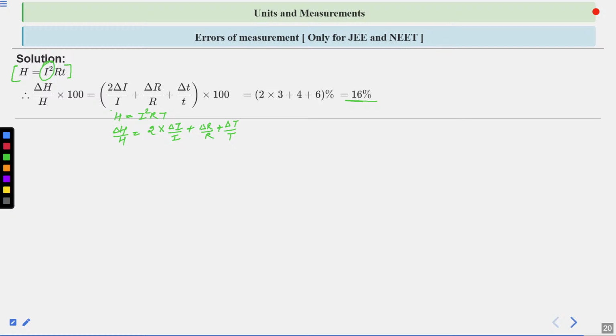Here delta I upon I is given in terms of percentage. So it will be 3 by 100. Here delta I divided by I into 100% is equal to 3%. So what is the delta H by H?